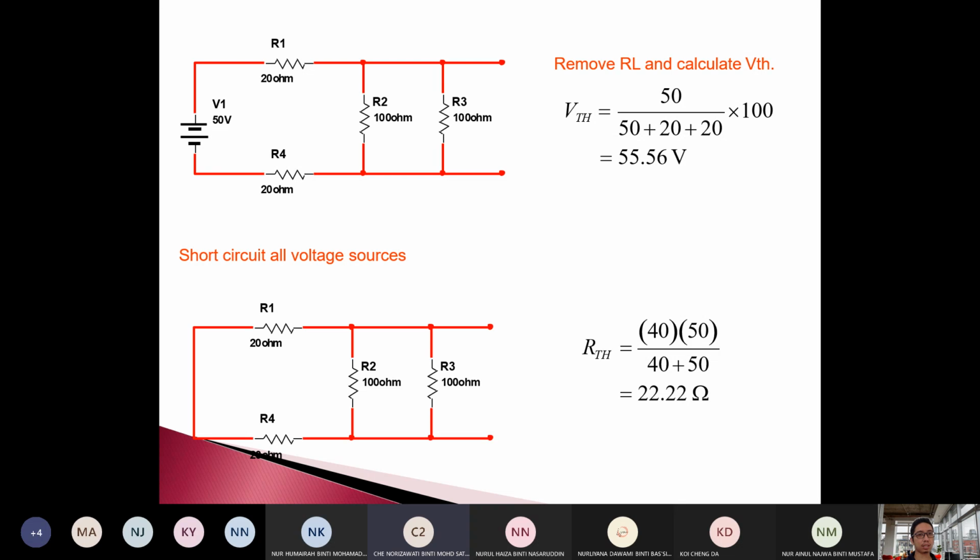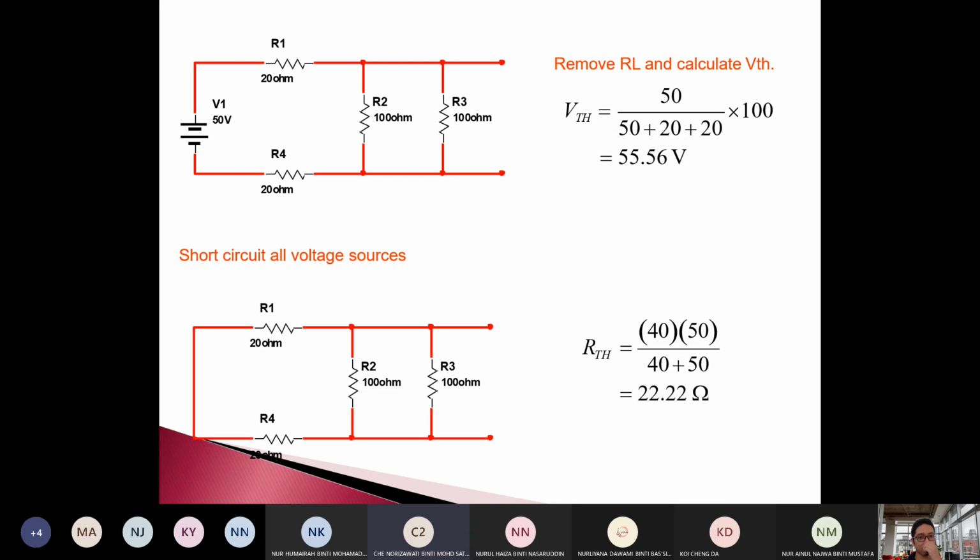If we look to this side, it is actually 50 divided by 50, this is 50 volt, plus 20 and plus 20, which is the resistance. So you obtain your VTH over there.